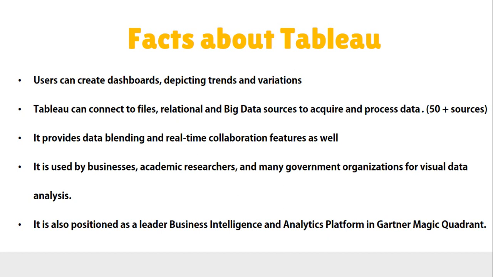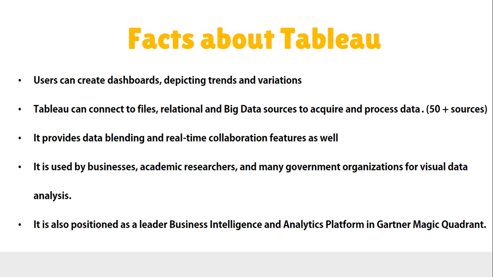Tableau can connect to a large number of files: relational data, structured data, unstructured data, and even big data sources, from which it can directly take the data and import it into itself. There are around 50 plus sources with which Tableau can connect. It provides facilities such as data blending and real-time collaboration features.